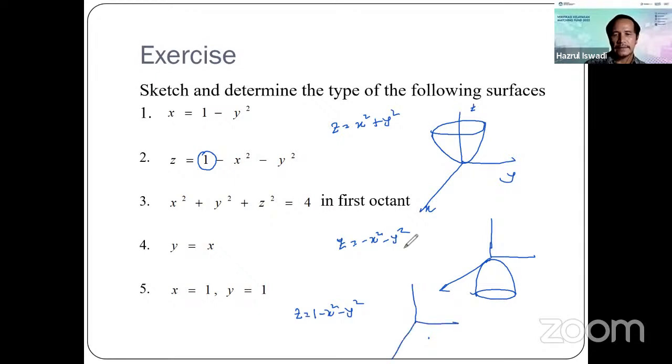The top of the paraboloid is 1 on the z-axis, and so the paraboloid goes down like here. So this is the picture of the second exercise.